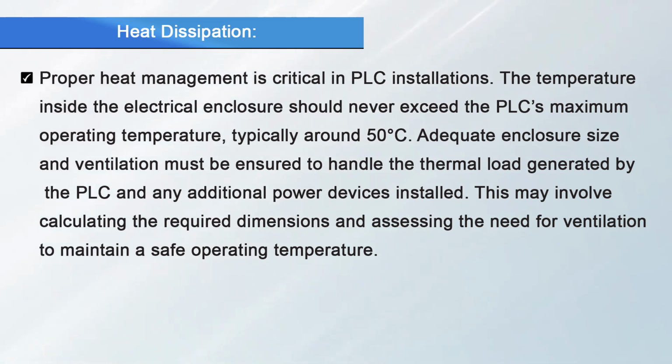Adequate enclosure size and ventilation must be ensured to handle the thermal load generated by the PLC operation and any additional power devices installed. This may involve calculating the required dimensions and also assessing the need for ventilation to maintain a safe operating temperature.